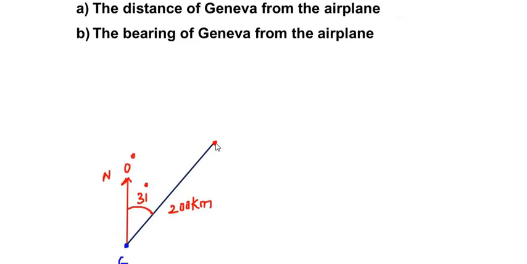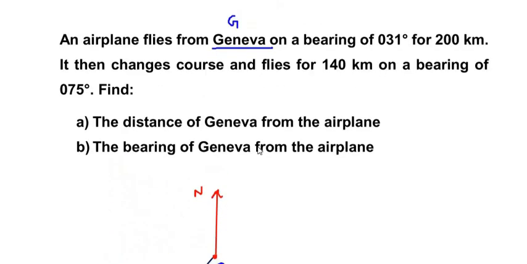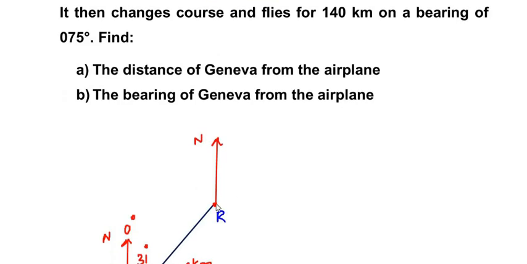So what we are going to do is, let us take this point as R, and again we are going to draw a north line from R and again we are going to travel in the clockwise direction, and it should make an angle of 75 degrees. That means somewhat around like this. So it's making an angle of 75 degrees if we are moving clockwise.